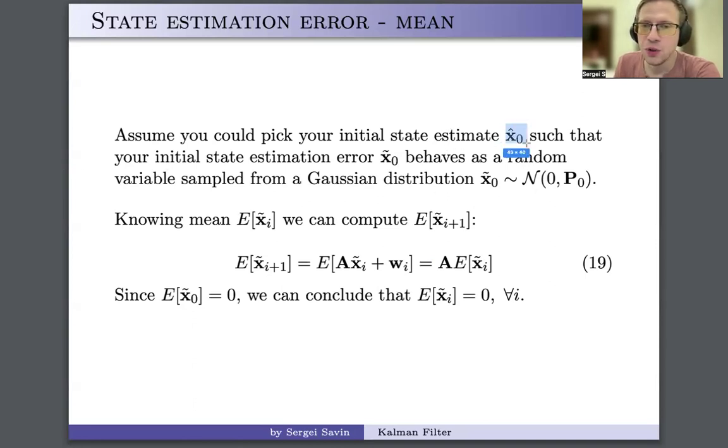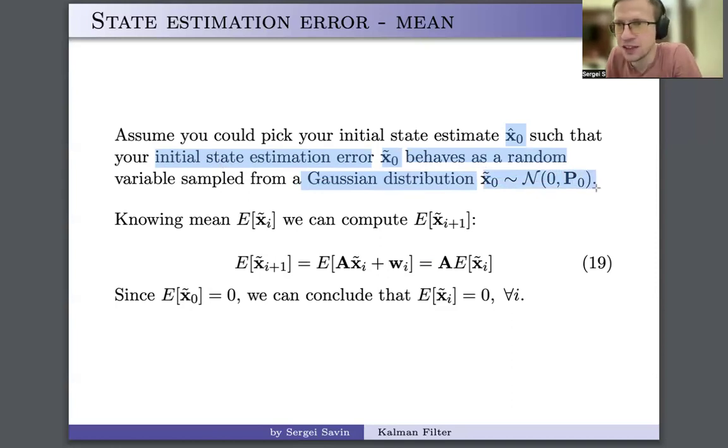So assume you can pick your initial state estimate, x0 hat. And we pick it in such a way that the initial state estimation error, x0 tilde, behaves as a random variable sampled from a Gaussian distribution with 0 mean. That sounds like a tall order, but let us understand what we are actually asking.